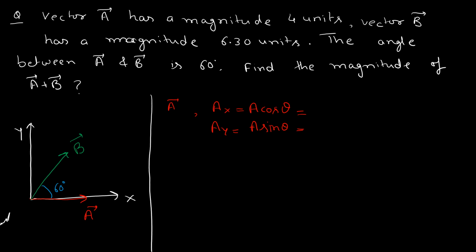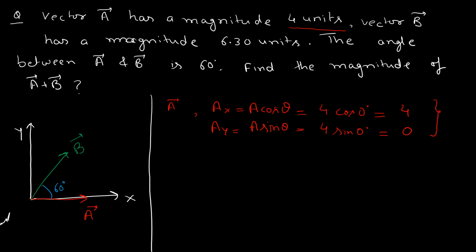The magnitude of A is 4 units, and the angle of A with the x-axis is 0, so cosine of 0 degrees is 1, so A_x is going to be 4, and A_y is 4 sine of 0 degrees, which is 0. So we got the components of vector A.